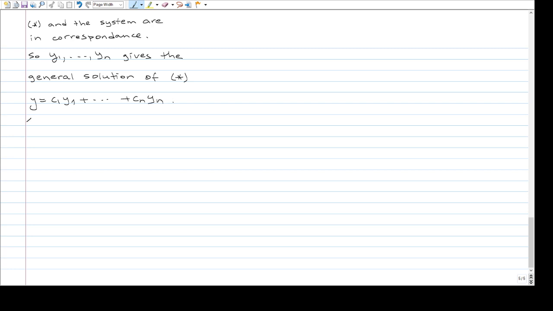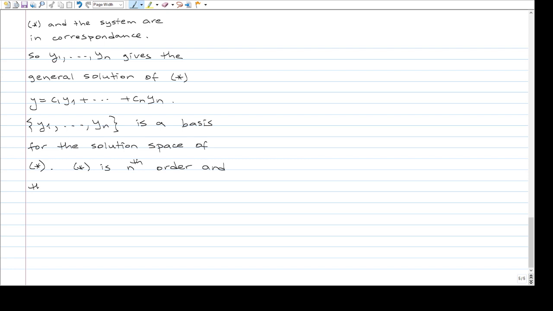In other words, the set of functions y1 up to yn is a basis for the solution space of the equation star. So remember, star is nth order, and the basis has n elements.